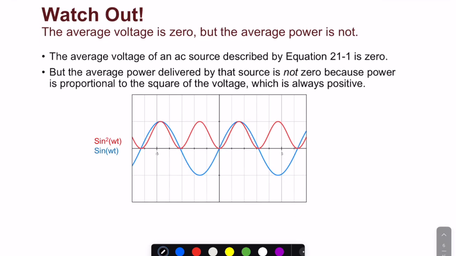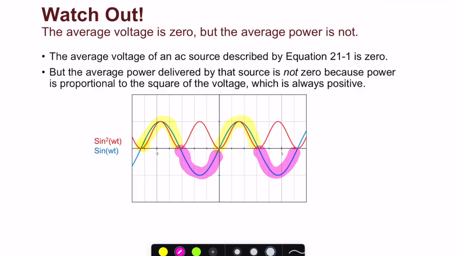So now in this slide, we see that the average voltage could be 0, but the average power is not 0. And why is that? Remember, the average voltage is 0 if we average it the old-fashioned way. The average voltage is 0 because we have just as much sine function above 0 as we do below 0, right?